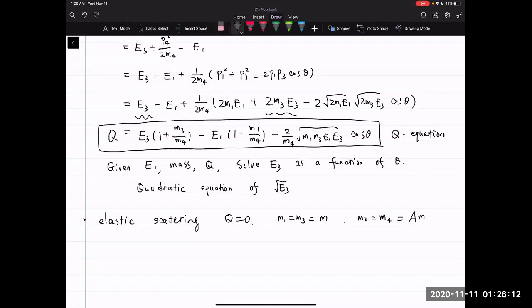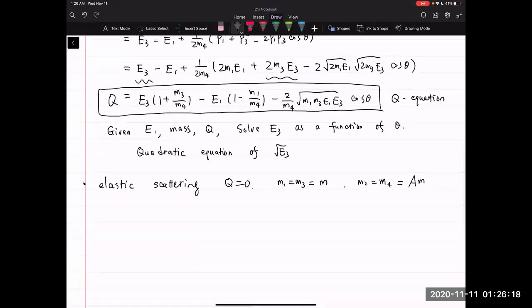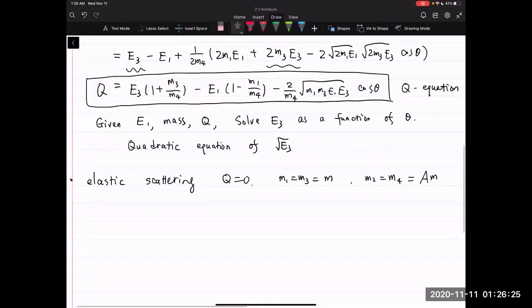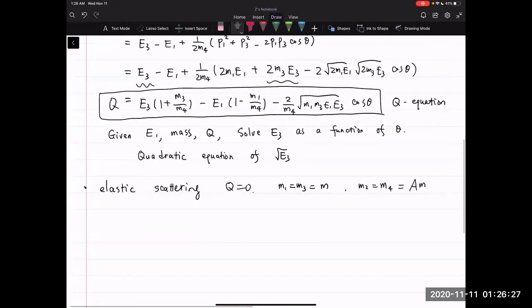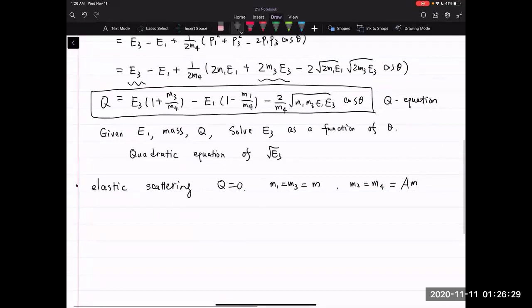So then the above Q equation becomes much simpler. Let's write it down here. The left hand side is equal to 0. Let's keep it that way. The first term will be E3 times 1 plus M3 over M4.